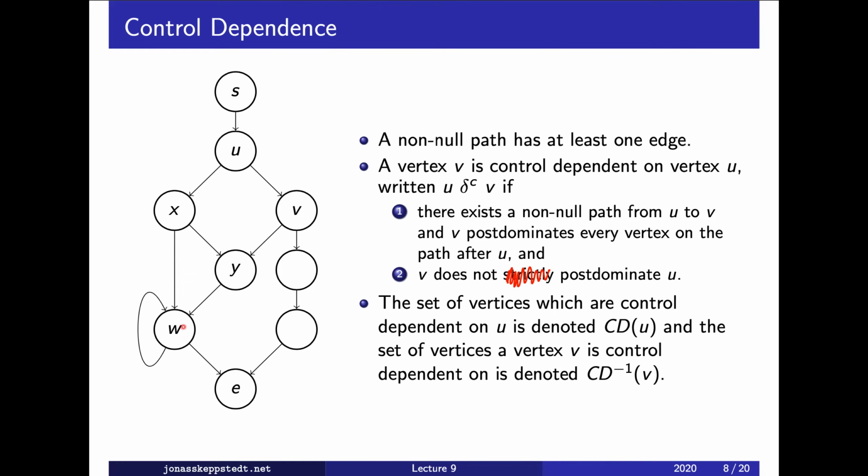If we now look at this one, which nodes can decide that W will be executed another time? Well, it was U, and as we discussed earlier, we also saw that it was V. Let's check this out using the definition.